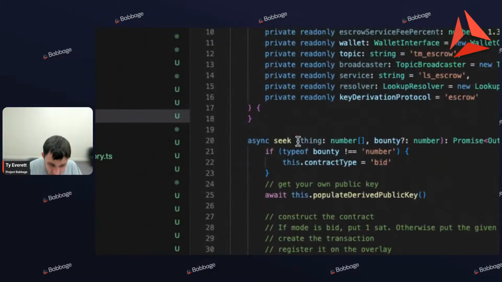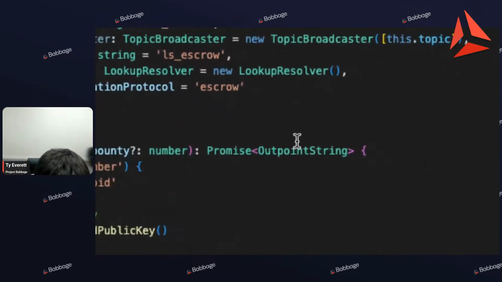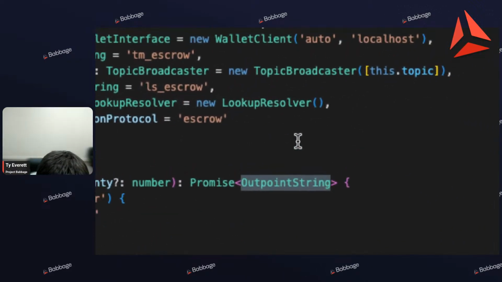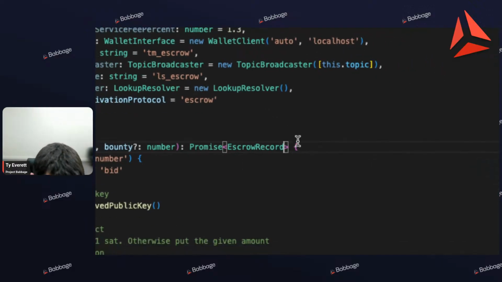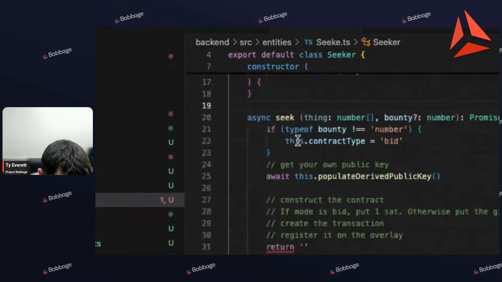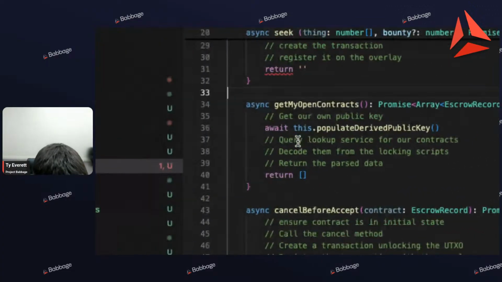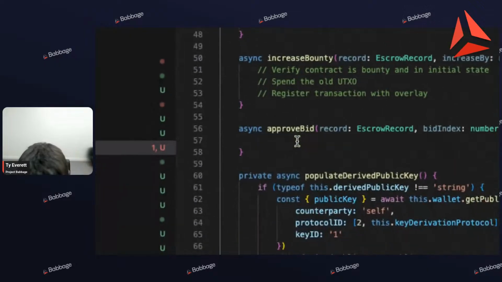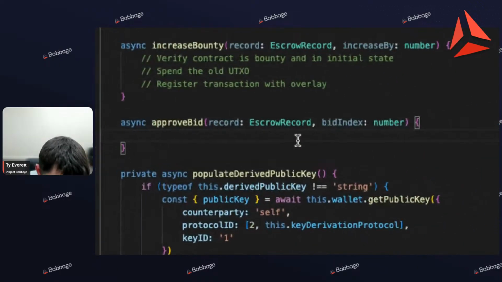Let's think. So we got to zoom out. Seek is the initial thing, and I don't get an output string. I instead get a whole record, which contains a TX ID and output index, mind you. Right, we're dealing with these records now, which is the correct way to go about this. It's the most intuitive way for the consumer, I think.